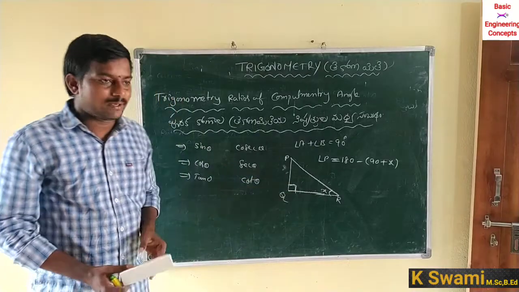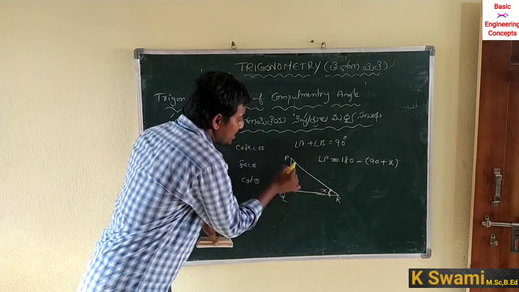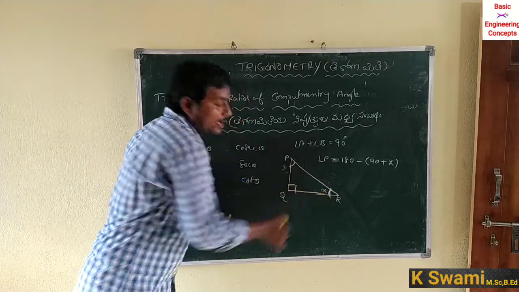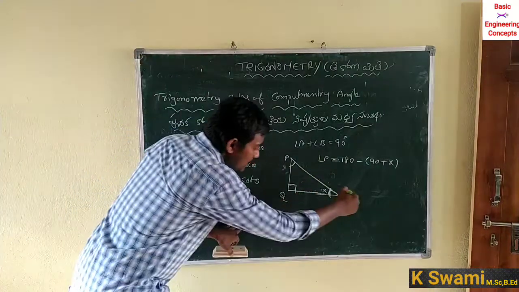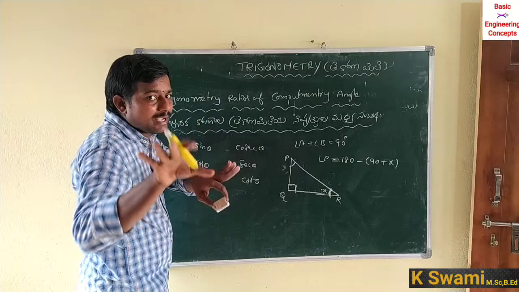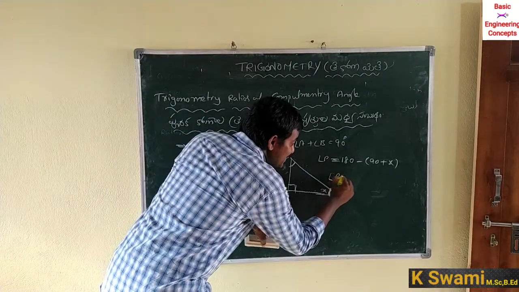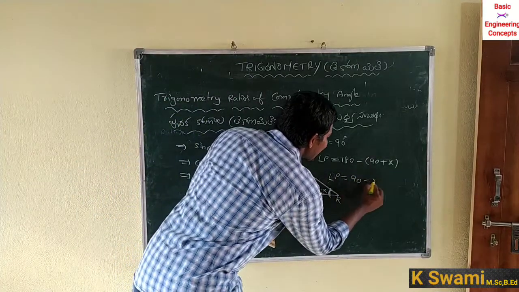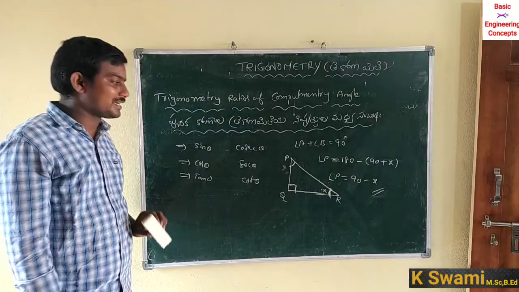Angle P and angle R are complementary angles, and the sum of complementary angles is equal to 90 degrees. So angle P is equal to 90 minus X.